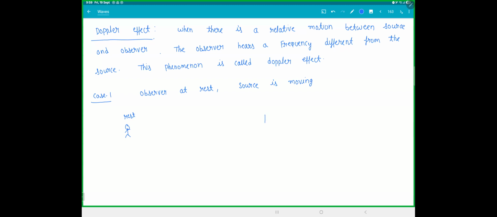We have a source, maybe a tuning fork or something, having frequency f. So time period is 1 by f. Remember, frequency is nothing but the number of pulses per second, so T will be the time interval between 2 pulses. Let the vehicle's speed be vs. C is the speed of sound.